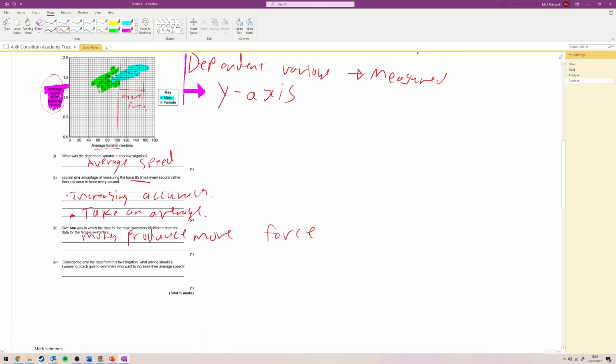Considering only the data from this investigation, what advice should a swimming coach give to swimmers who want to increase their average speed? Well, if they want to go faster, they've got to push harder, right? They need to increase the average force that they push the water with.